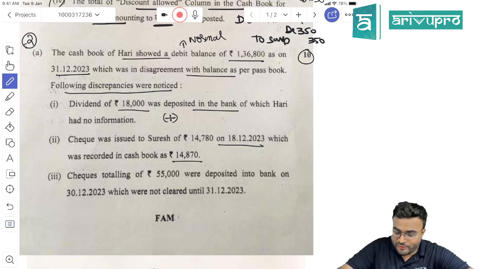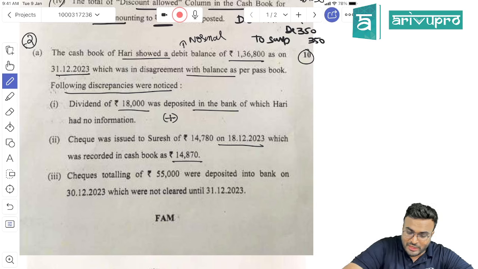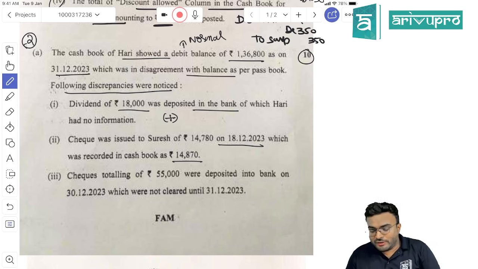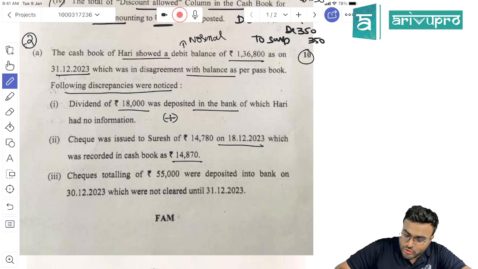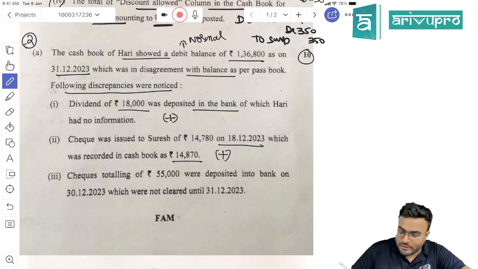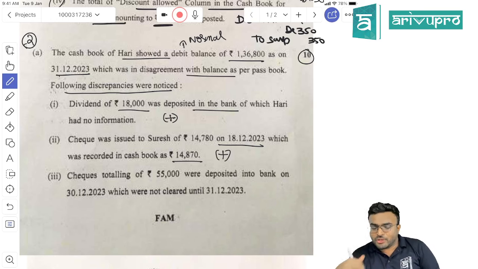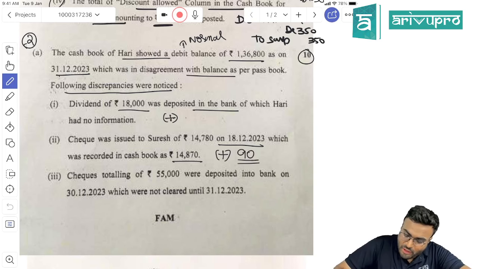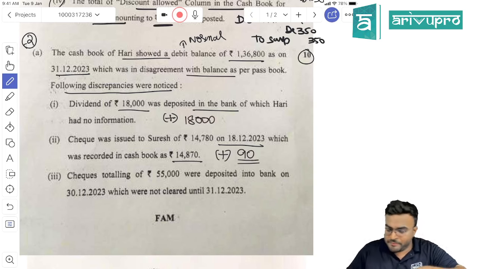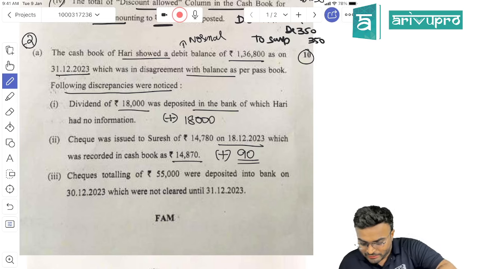So what will be the difference? 14,870 minus 14,780, 90 rupees. What you have done? You have entered extra in the cash book. So you will add this back. You have reduced the cash book balance. You will add 90 rupees. Only 90 rupees you will add. Here you will add 18,000. 18,000 will be added back.